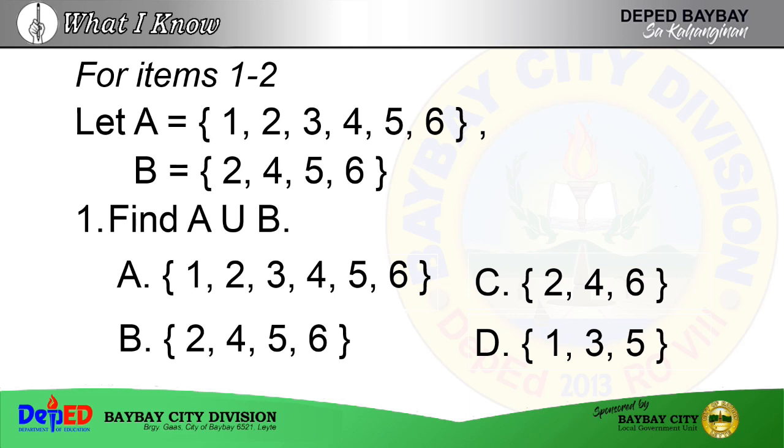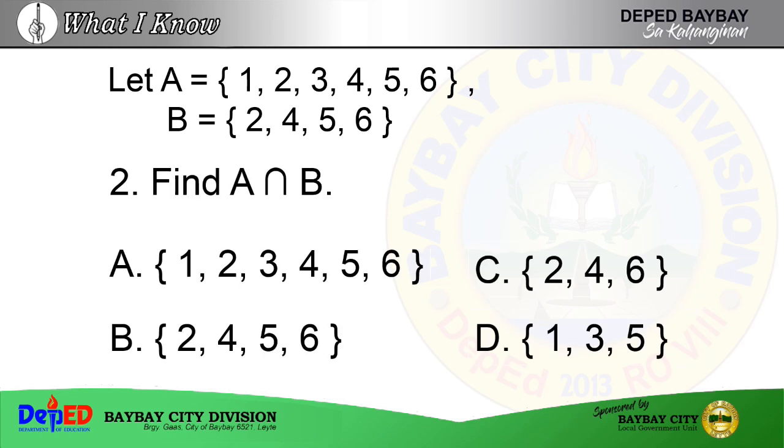Letter B, the set of 2, 4, 5, and 6. Letter C, the set of 2, 4, and 6. And letter D, the set of 1, 3, and 5. If your answer is A, very good. You are correct.